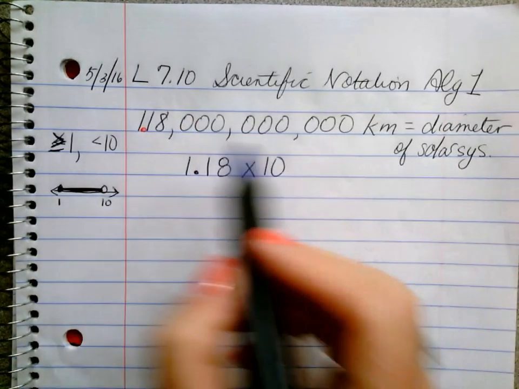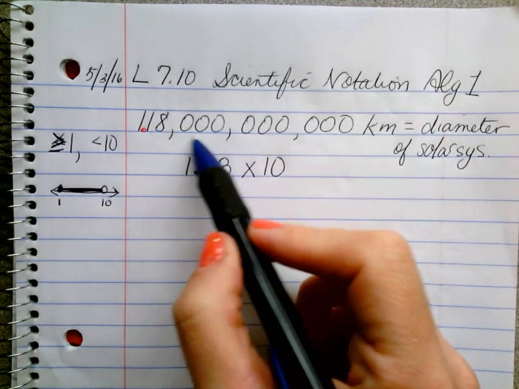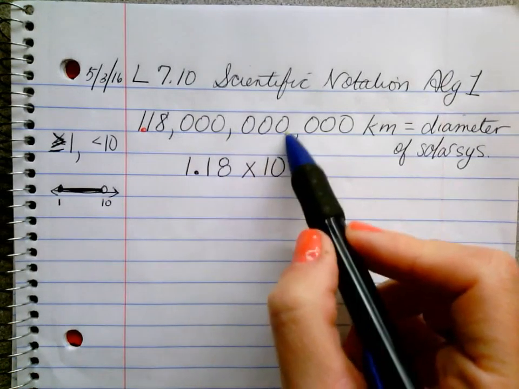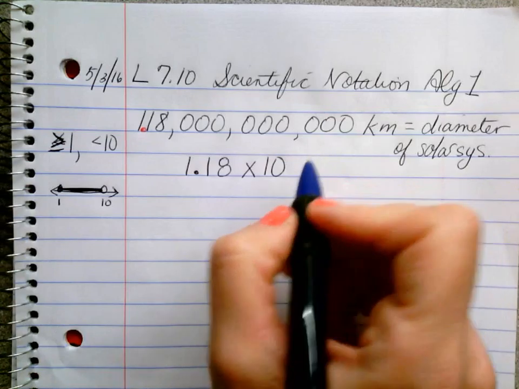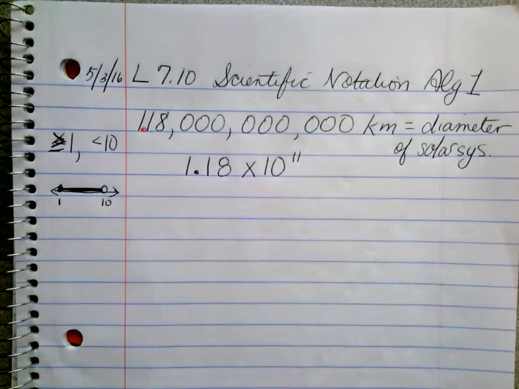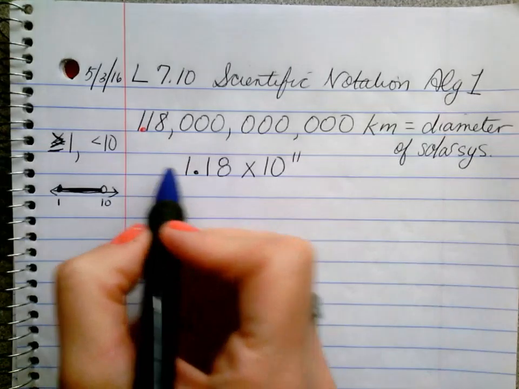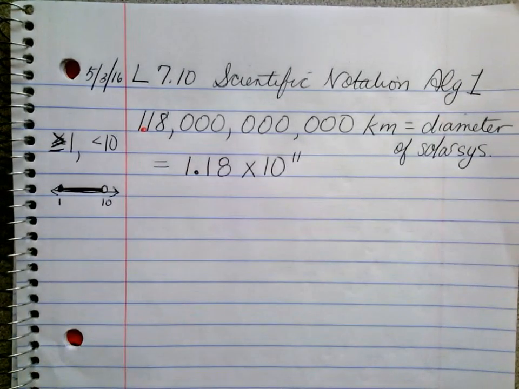If I were to count, it would be 1, 2, 3, 4, 5, 6, 7, 8, 9, 10, 11. And that's what they have written there in that first slot. That first slot actually shows the maneuvering of this number. 1.18 times 10 to the 11th would be the scientific notation of that number. It requires less ink to write that.